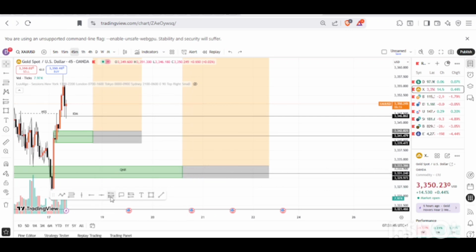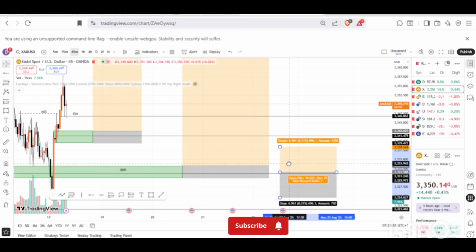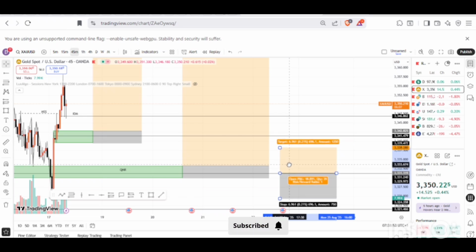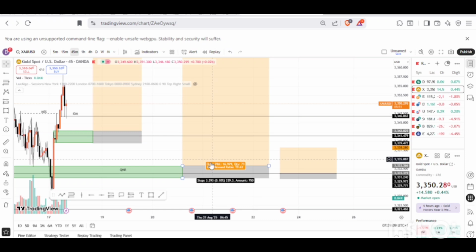I also have an idea that I'm going to take a second entry, but that I don't add to the chart or tell anyone, and that's why I have that significant OTE there. In case price taps into this next level, I'm going to take this, and if it fails, it fails. Most likely I reach 60% on this first entry, and 40% on the second entry.